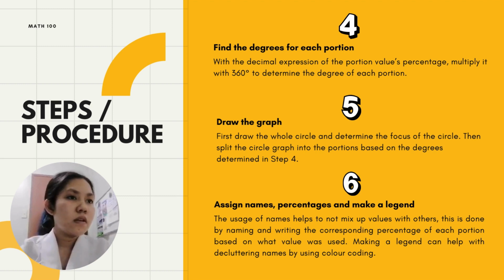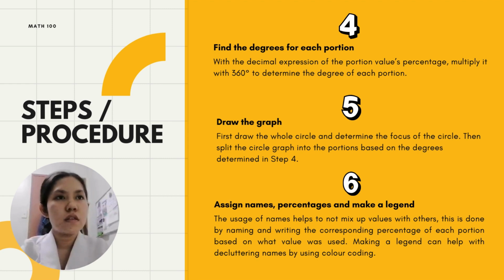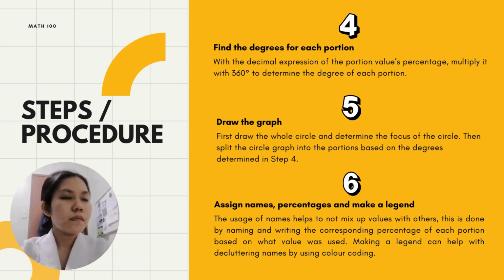With the portion values' percentage, multiply it by 360 degrees to determine the degree of each portion. 360 degrees is the total angle of our circle, and the degree of each portion represents how much space each value in our survey will take up in the circle.